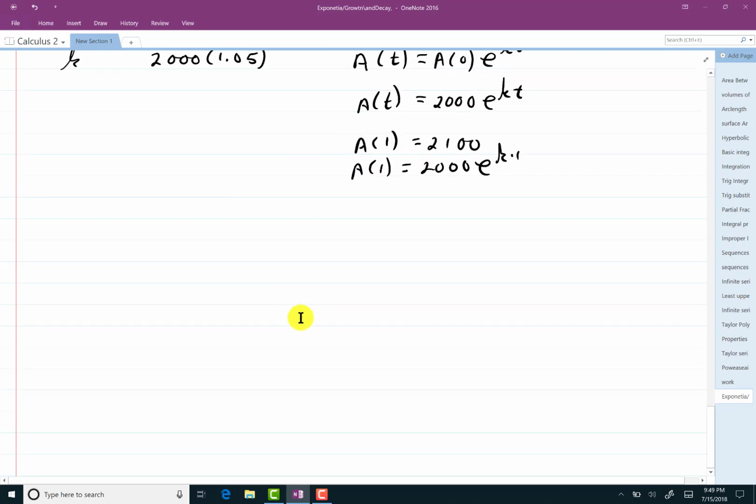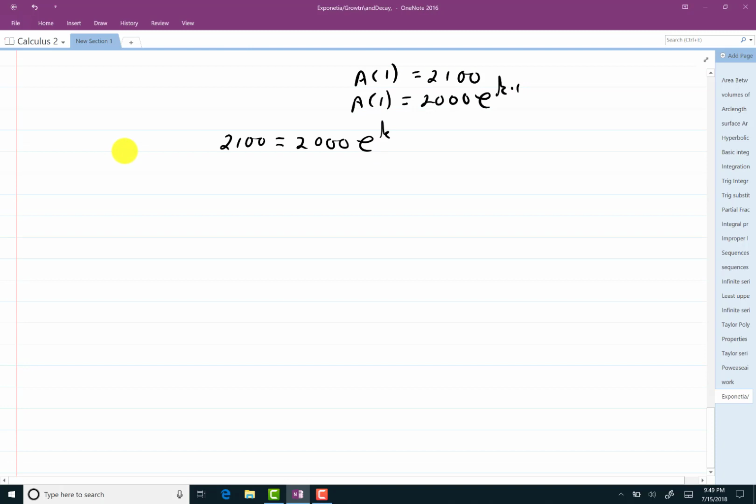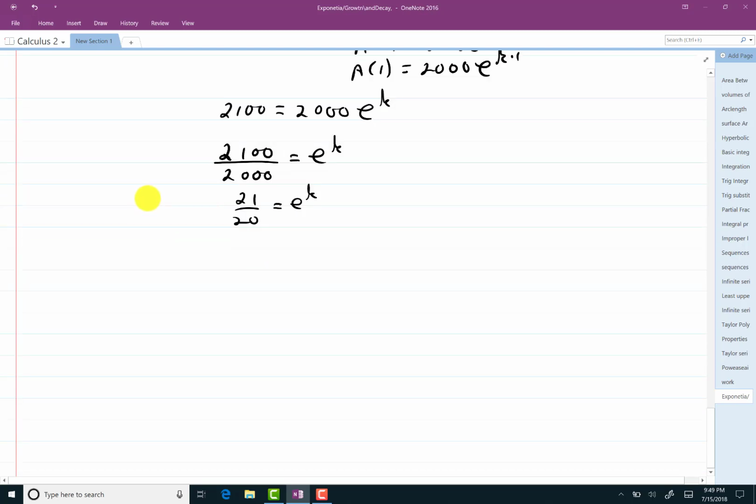So I'll set these two equal to each other. I have 2,100 equals 2,000 e to just the k. I'll divide by 2,000. You don't have to simplify, but I can. 21 over 20 equals e to the k. And then I'll just take the natural logarithm.